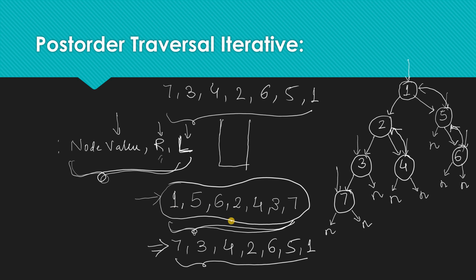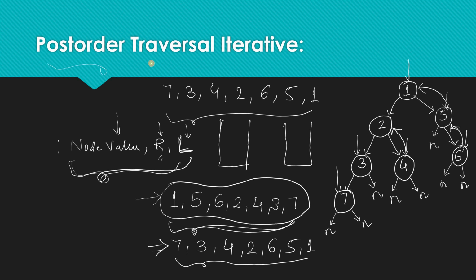But in this case, we have to print the sequence in the reverse order, right? So to achieve this, we have to use one more stack, right? And then when we print the value of the stack, we will get it in reverse order, right?